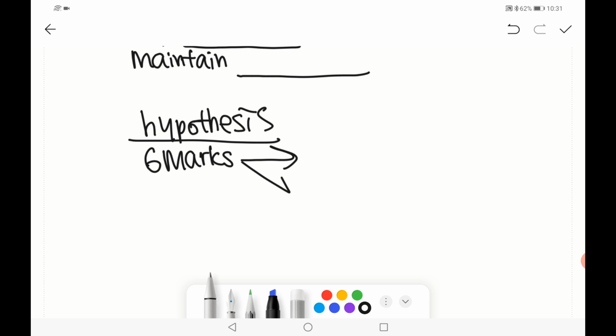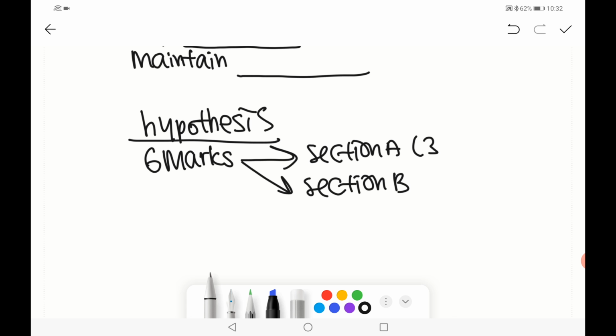Because they will ask you in section A and section B, and for each you have 3 marks. So by knowing hypothesis, you can secure 6 marks already. Please make sure you know how to write a good and proper hypothesis.